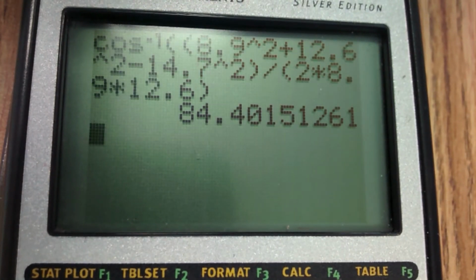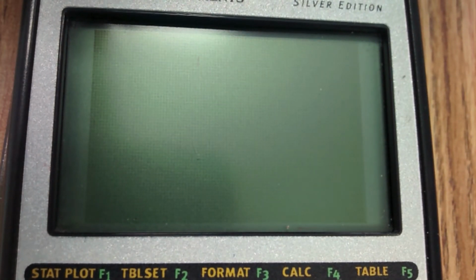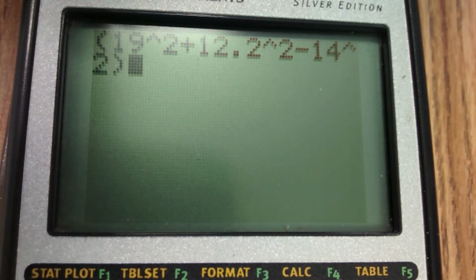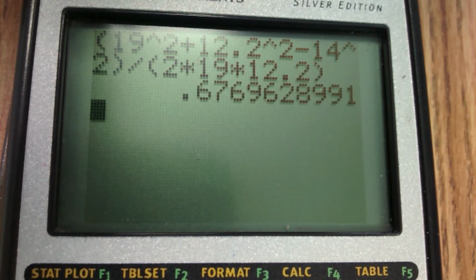Okay, now we're ready to input our equation. I'm going to do it as if I've forgotten to second function it, to second cos. So I'm going to bracket my numerator, 19 squared plus 12.2 squared, subtract 14 squared, and my numerator divided by, begin my denominator, 2 times 19 times 12.2, enter.